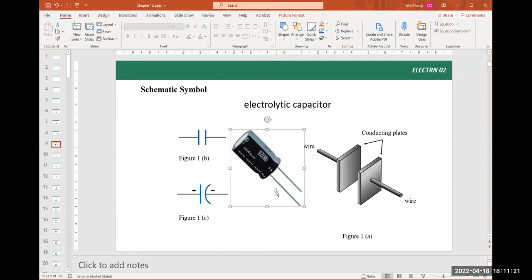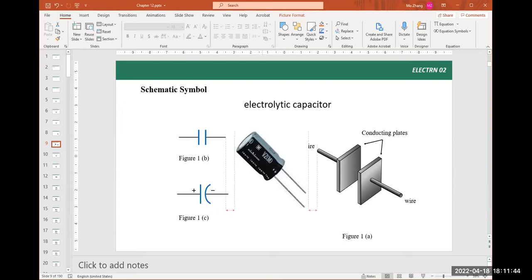The orientation is important. One leg connects to the positive or a higher voltage in the circuit, and the other leg connects to the lower voltage. Sometimes negative, but it doesn't need to be a negative voltage, it's just lower than the other side.